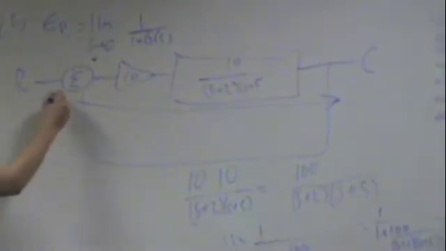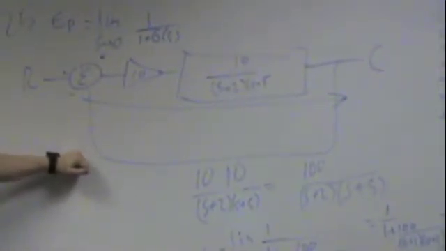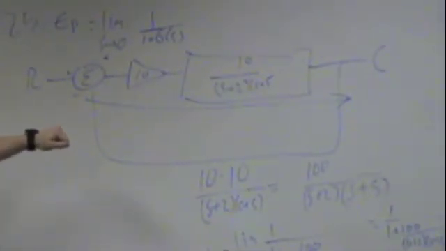Because it's minus here and this is plus. So the system is going to take the actual value and subtract what you got to come up with the error signal. So long story short, if I remember right, the error coefficient is the amount of error you're going to get when the system's at steady state.